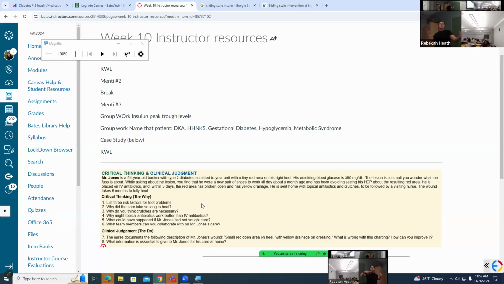So anybody, why would crutches be necessary with this guy? Right, we want to keep the pressure off of that foot. Why do you think people might not want to use the crutches? They're inconvenient, they're cumbersome, and it doesn't hurt him to walk, right? But we want to tell them, hey, it's really going to help you heal better if you use these crutches.